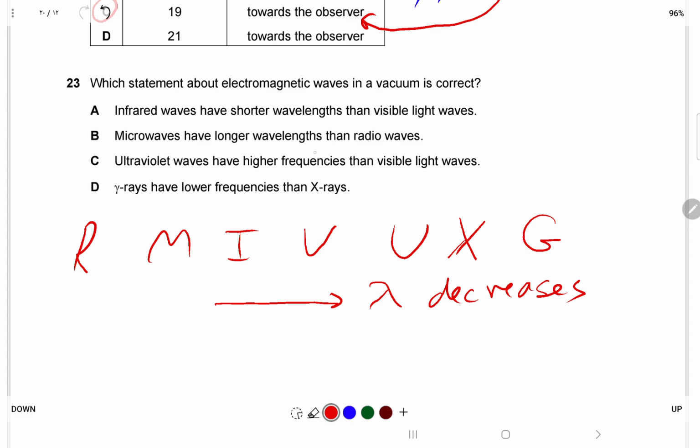Microwaves have longer wavelength than radio waves. This is clearly incorrect from the ordering. C is the correct option: ultraviolet waves have higher frequency. When you go from left to right, frequency increases. So ultraviolet has higher frequency than visible light, and this is the correct answer.